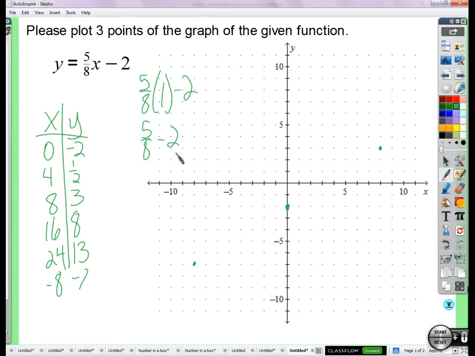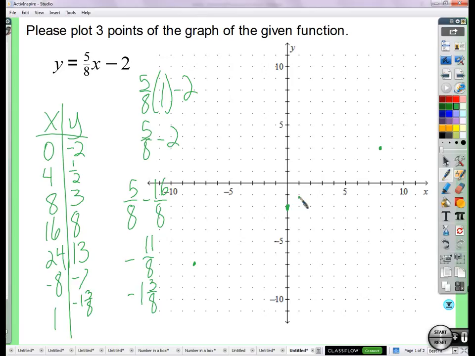Now we need 8ths, so 16/8. 5/8 minus 16/8 is -11/8. That's -1 and 3/8. So (1, -1 and 3/8) is going to be right in there.